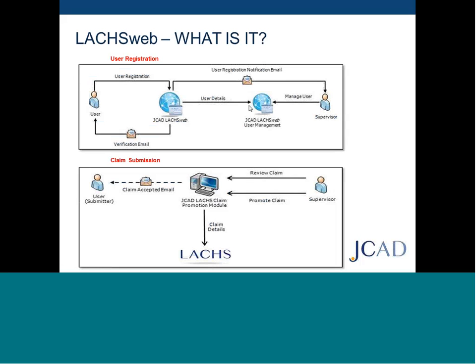They then log in and upload that claim data. It's then passed to the claims handlers within the claims and insurance department, and they review that claim data and choose either to reject it or promote it into the LACHS database. Once in the LACHS database, they can then process it as normal.